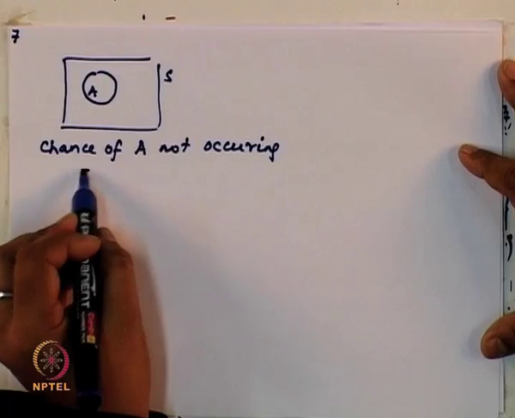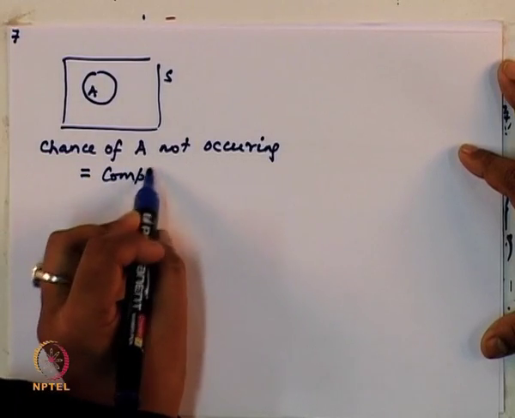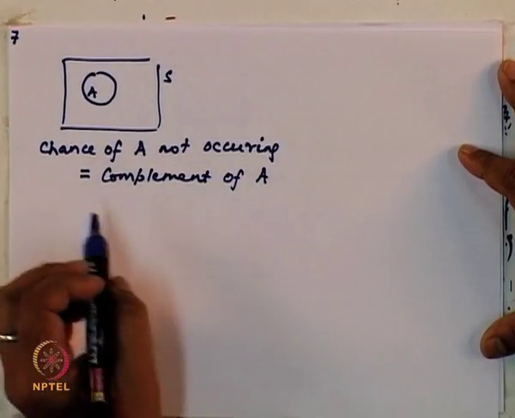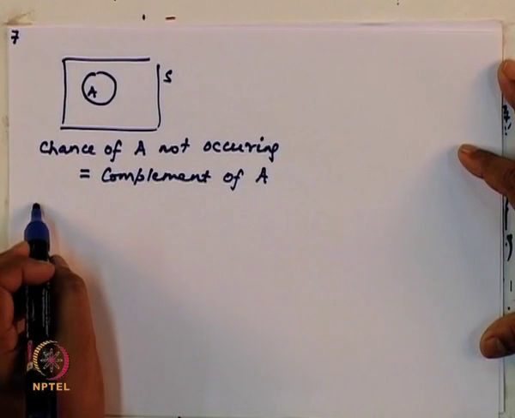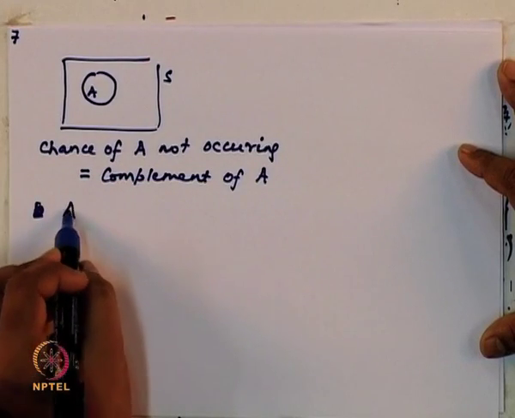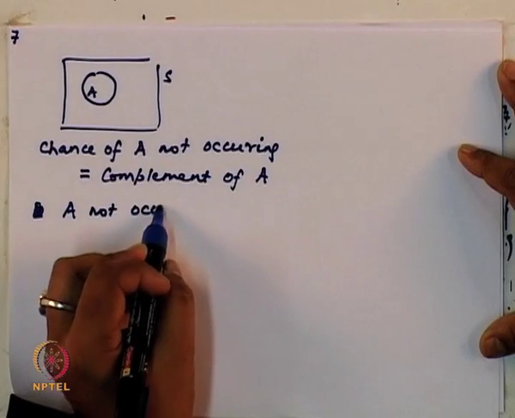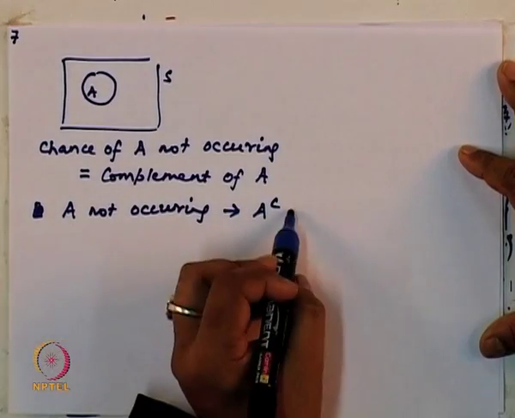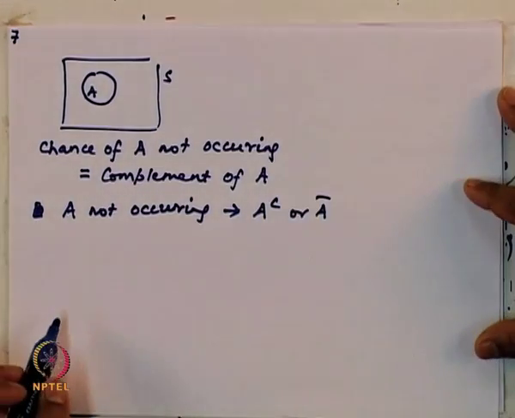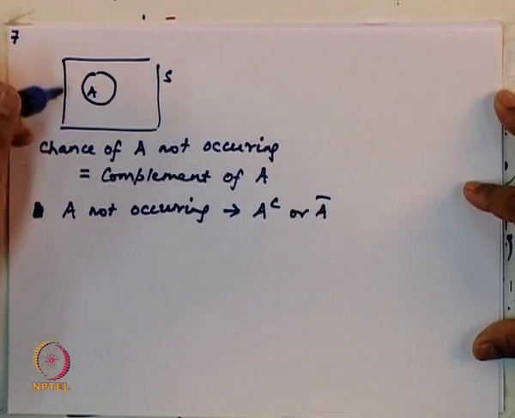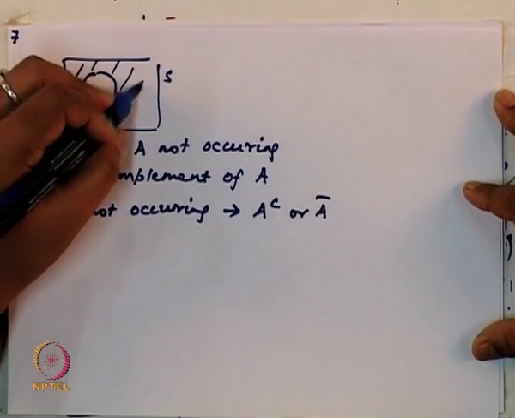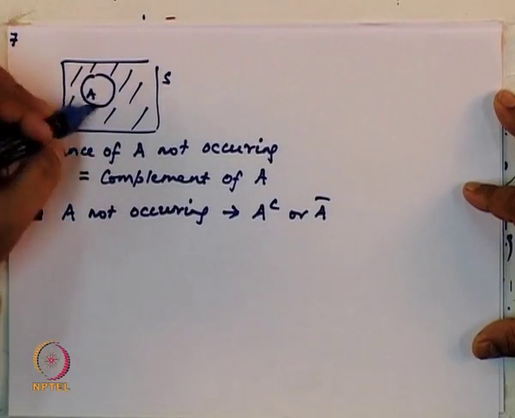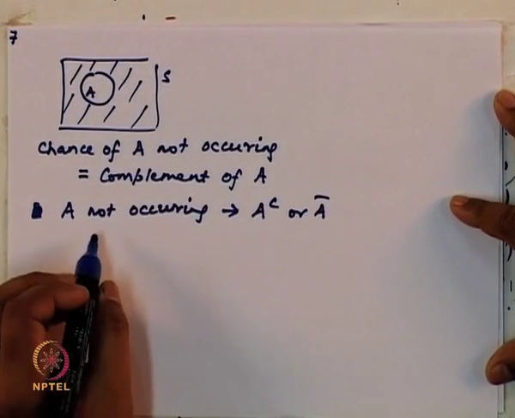This is called the complement of A. The event of A not occurring is denoted by A complement or A bar, as the case may be. The probability of A not occurring is this area under the curve. All these possibilities are when A does not occur. This is when A occurs.